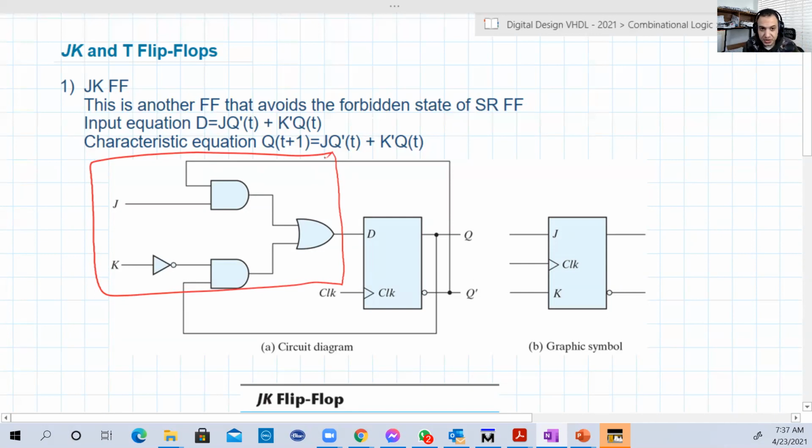This guy has two inputs. And of course, this kind of input circuit, these two AND gates and the inverter and the OR, this combination will lead us to a flip-flop with different characteristics than the D flip-flop. Okay, and here is its symbol. As you see, it has two inputs, J and K. And of course, it's controlled like any flip-flop with a clock, this clock in here.